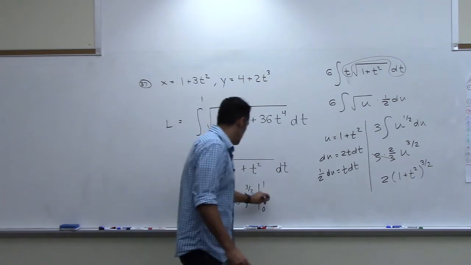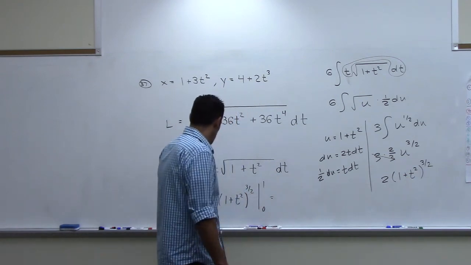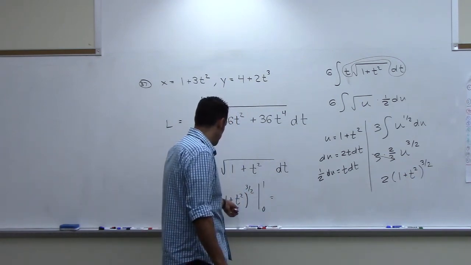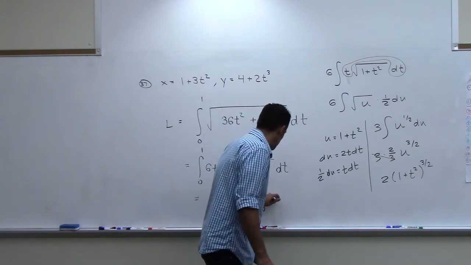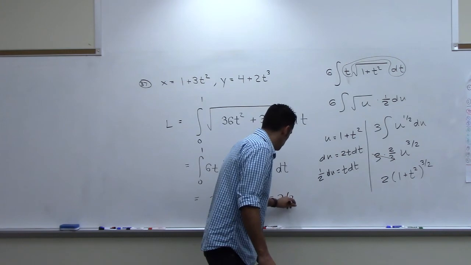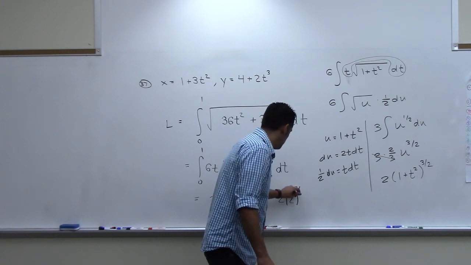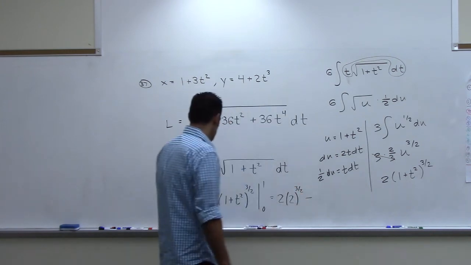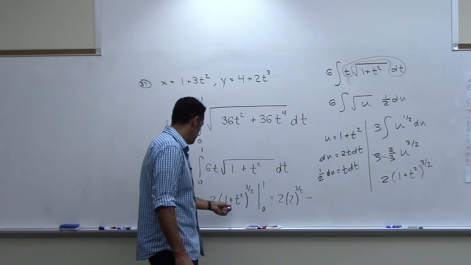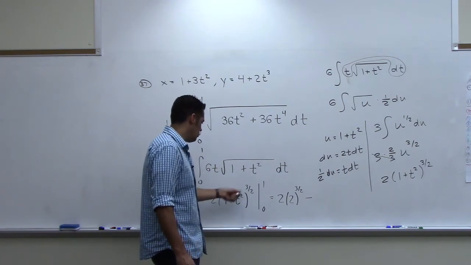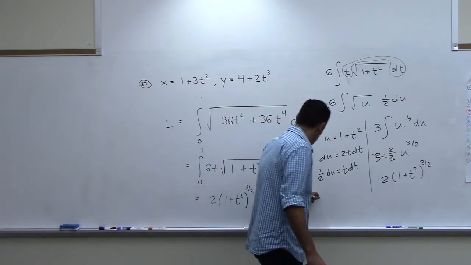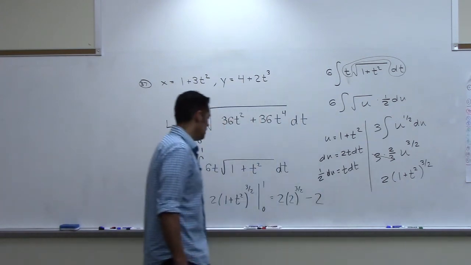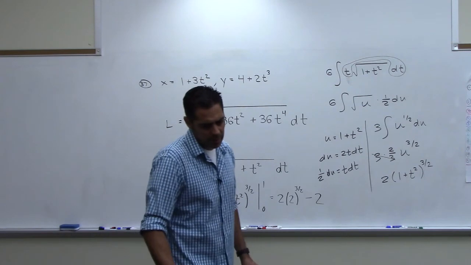When I plug in 1, I get 1 squared plus 1, that's 2. So it's going to be the 2 that was out front, and then 2 to the 3 halves, minus, now plug in 0. When you plug in 0, you just get 1. 1 to anything is just 1, then times 2. So 2, like that.